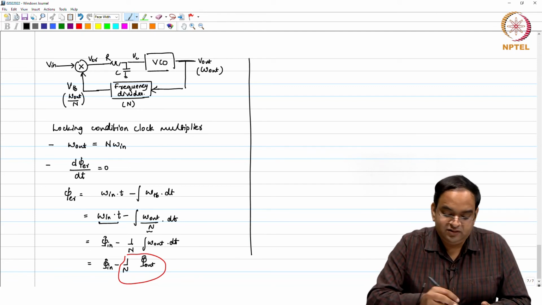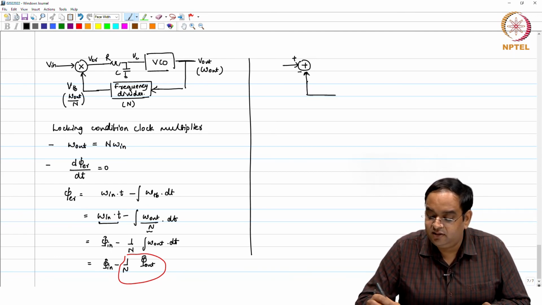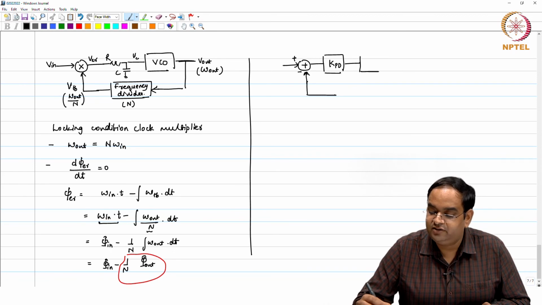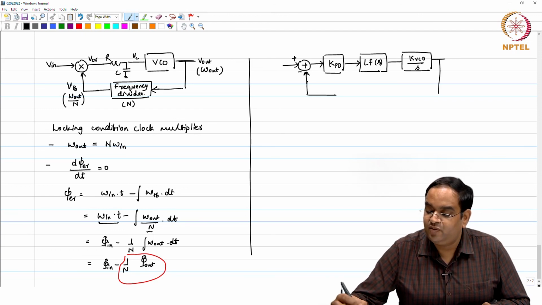So, a small signal model of this PLL will be your phase error detector like this between the input phase and the feedback phase, with gain K PD, then a loop filter transfer function, whatever loop filter you would like to use, and then your VCO with gain K VCO by S, which gives you the output phase.